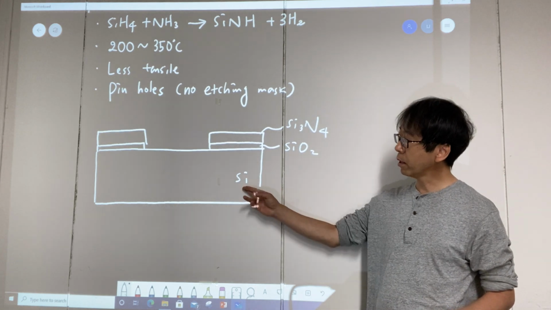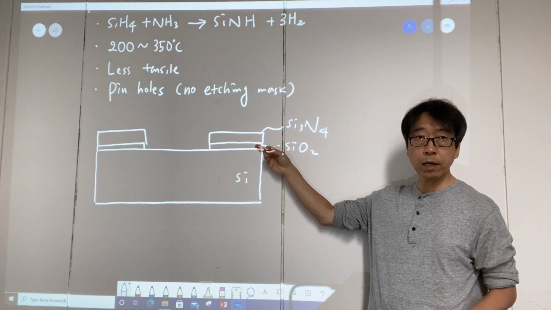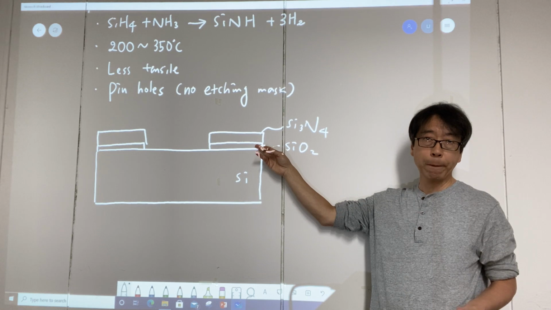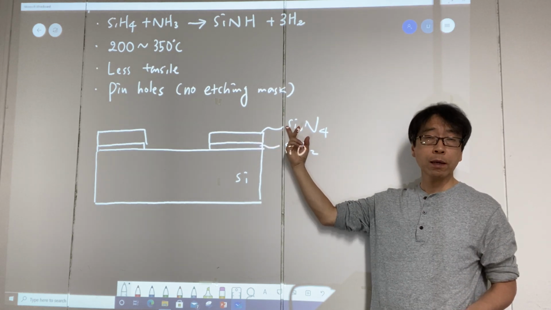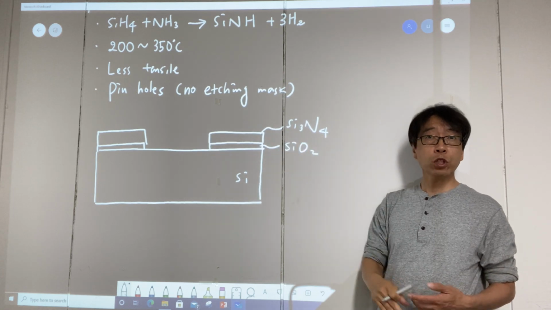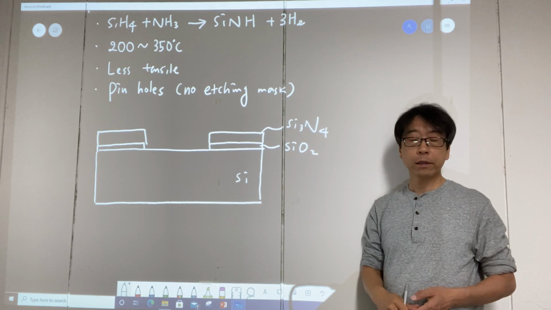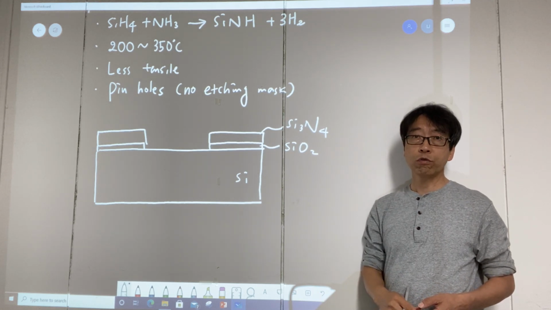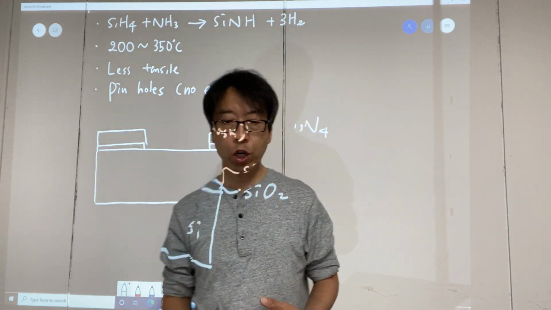Well, look, silicon dioxide, this process occurs at 1000 degrees Celsius, for example. And on top of that, you can deposit silicon nitride at low temperature, which doesn't hurt the whole process. So these processes are really compatible with each other.